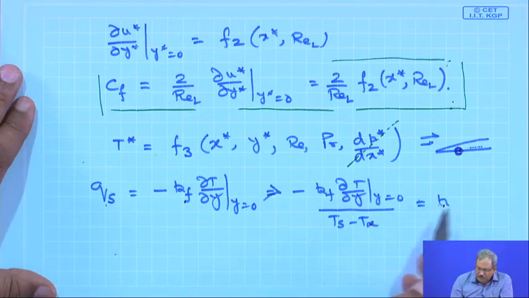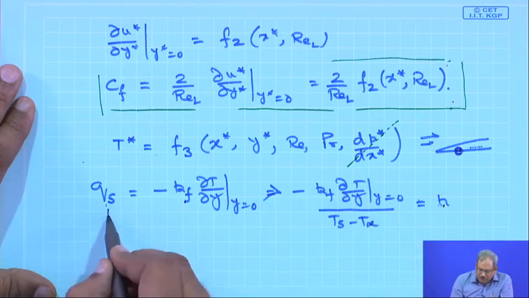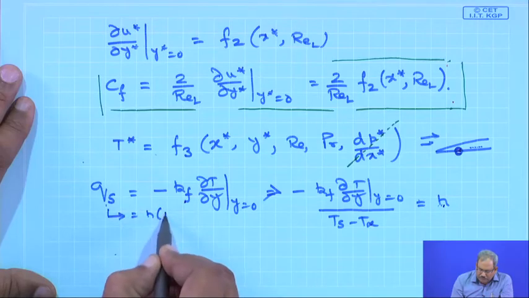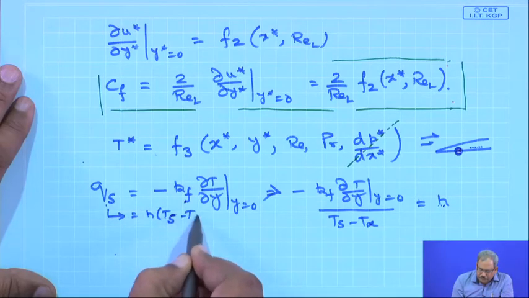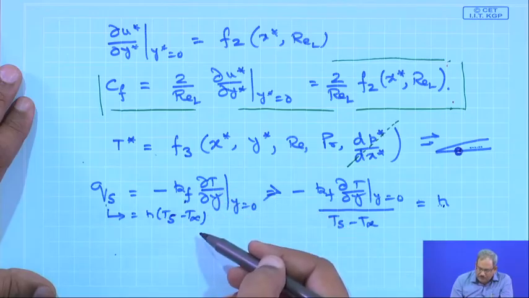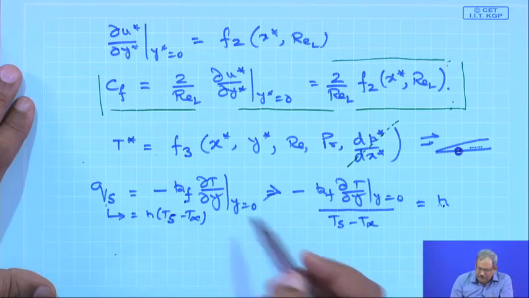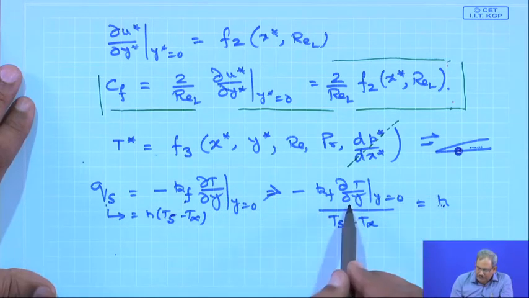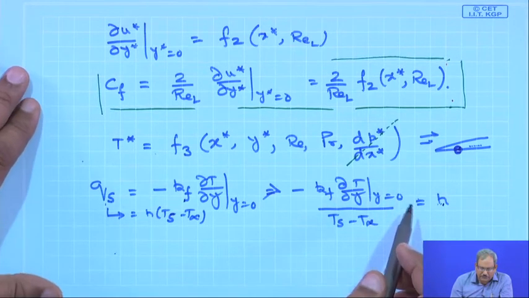So, h times (Ts minus T infinity) is also equal to... these two are simultaneously valid at y equals 0, and therefore the expression for h can be obtained in this fashion.